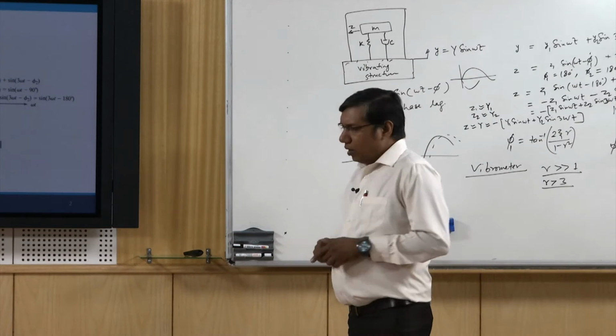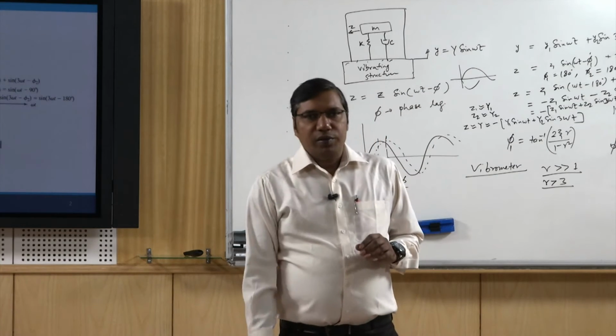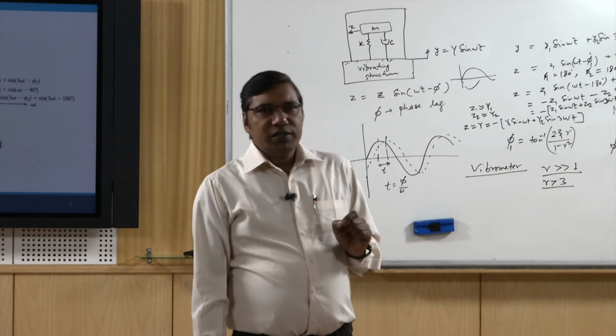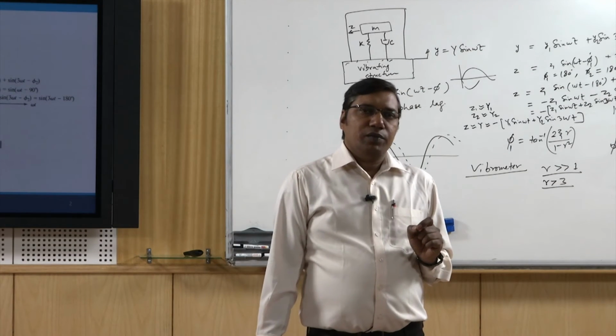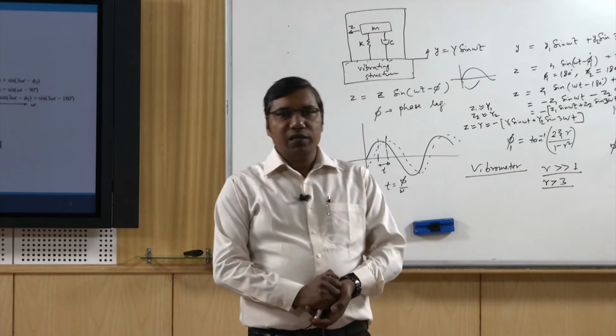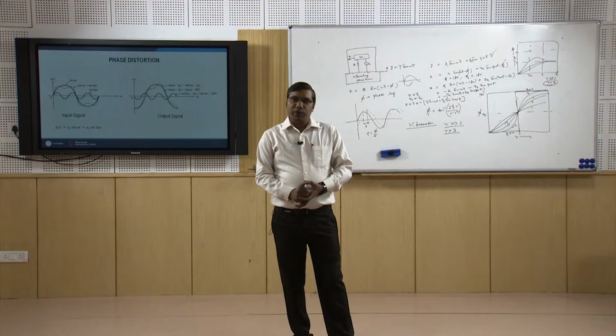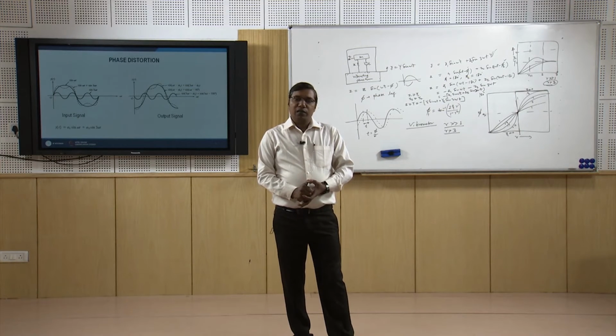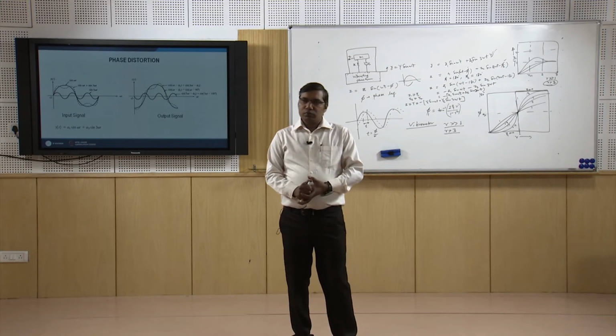Okay. So in the case of vibrometers and velometers, because the velometer follows similar conditions as the vibrometer, since also in the velometer we take R much greater than 1.